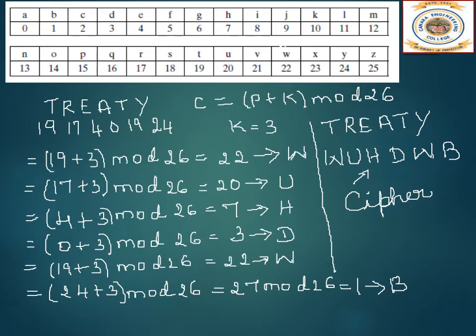I hope you understood treaty. You can try for impossible. The answer is already there in the previous slide. This is about encryption. Let us take one more example for decryption also.